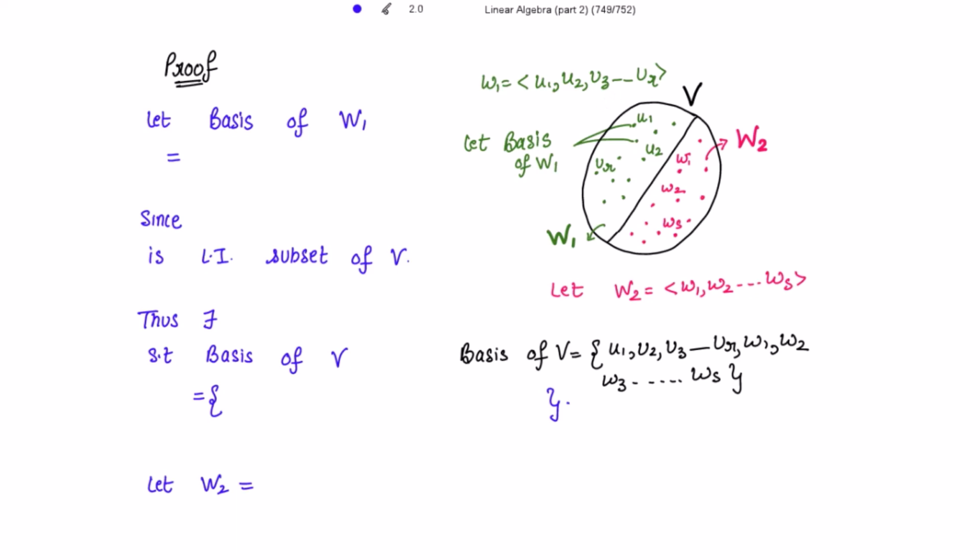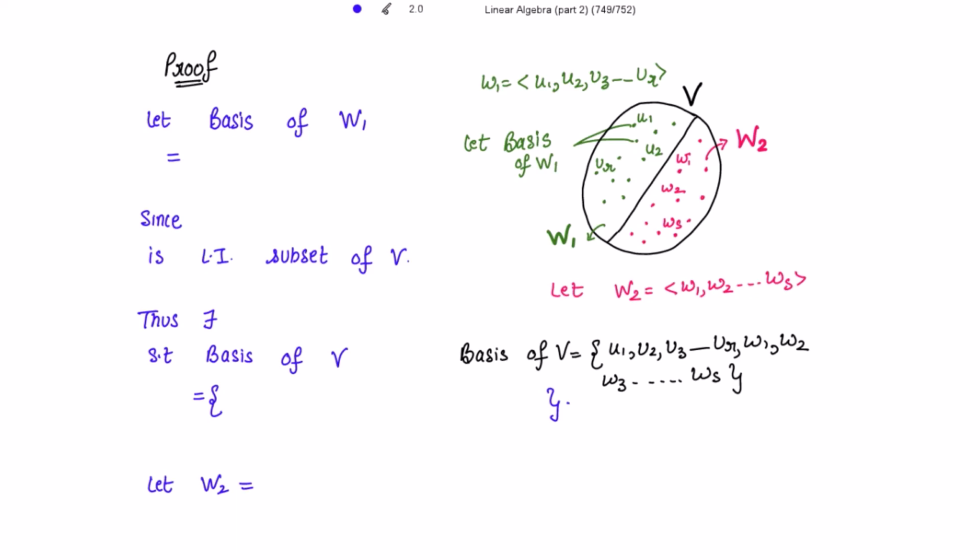Now if it is linearly independent, then this is a linearly independent subset of V also, and any linearly independent subset of V can be extended to a basis of V.